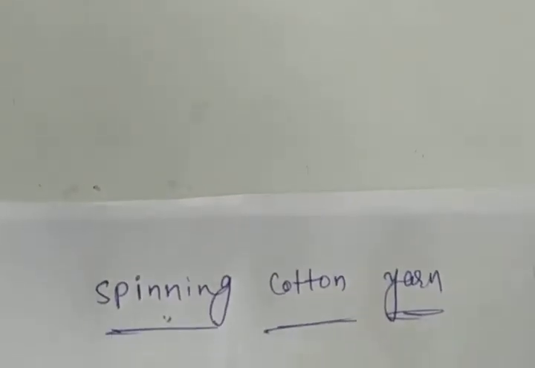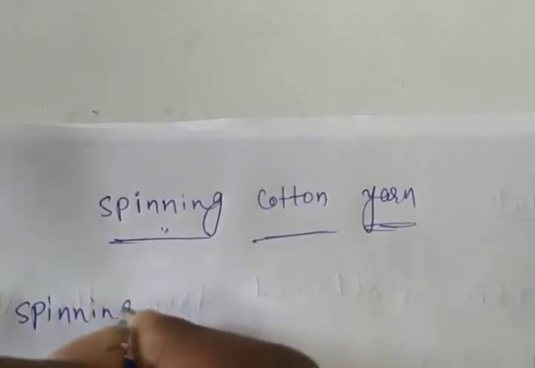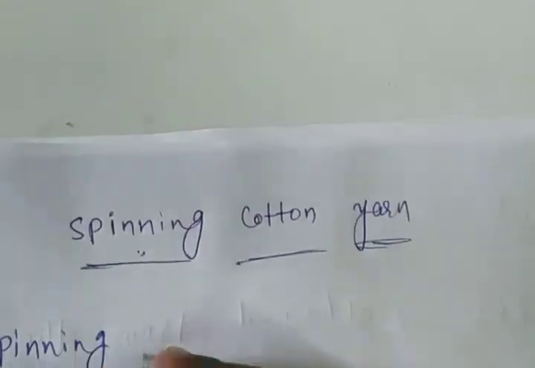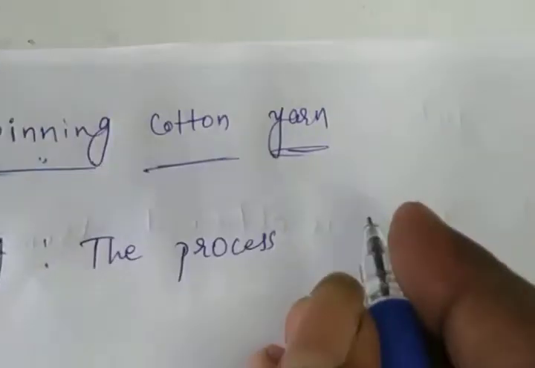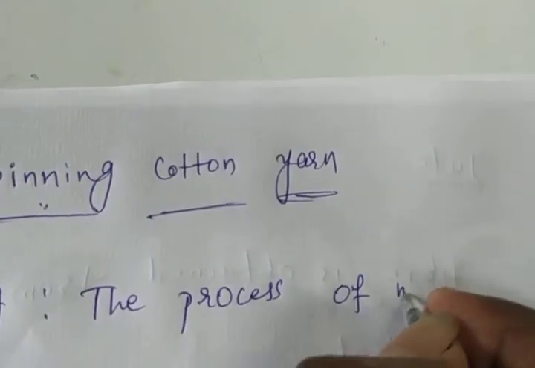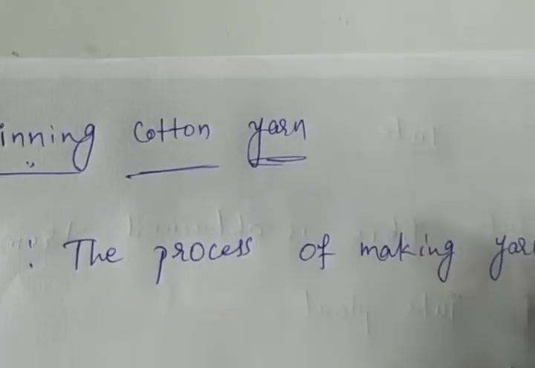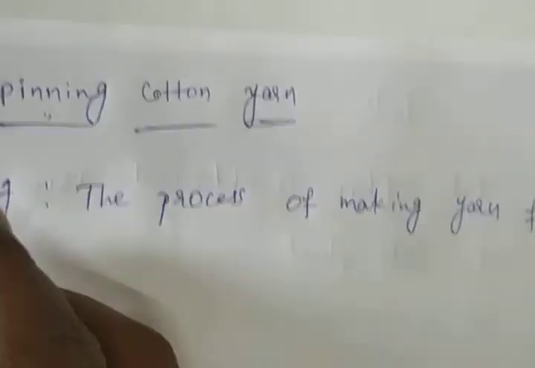What is spinning? How can we define spinning? The process of making yarn from fibers.